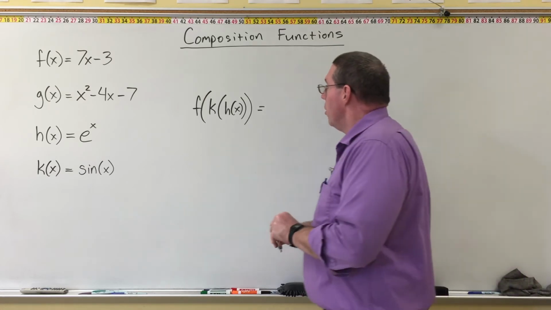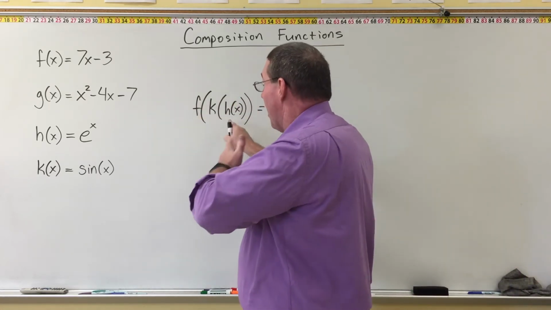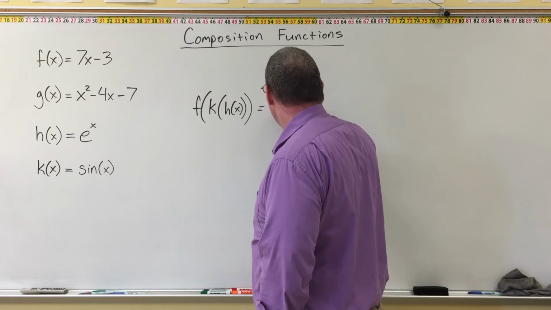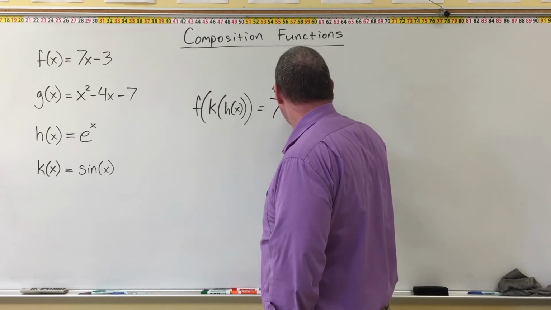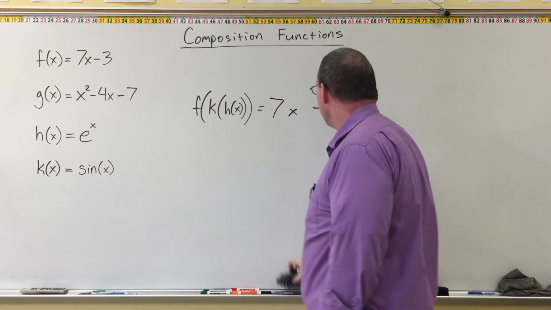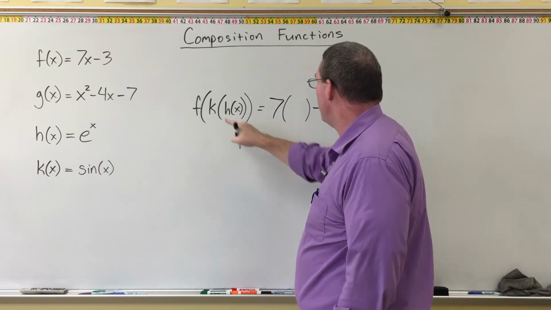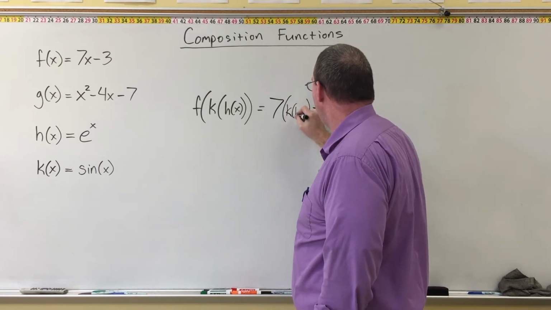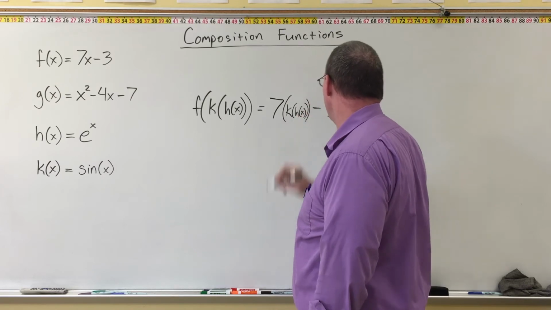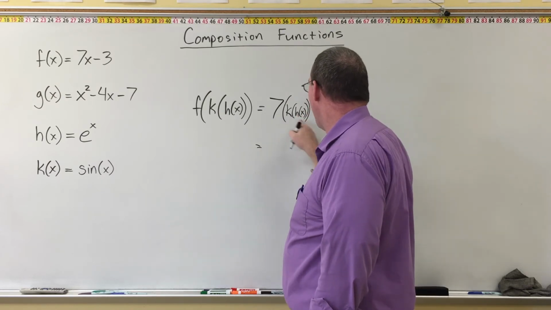All right, so the main function is f of x, so that's 7x minus 3. But instead of the x, we're going to put k of h of x. Well, what is k of h of x?